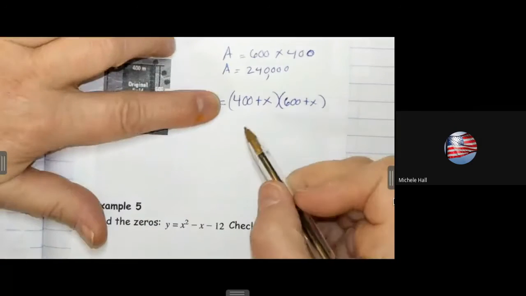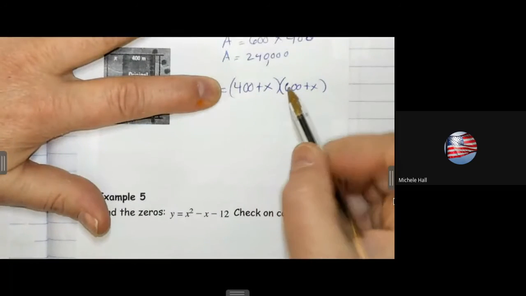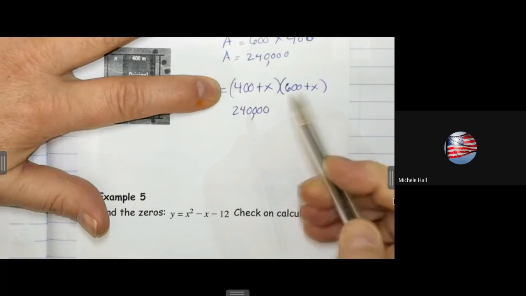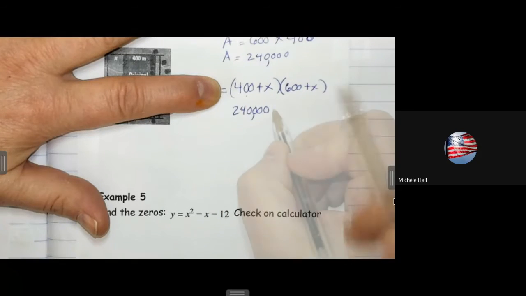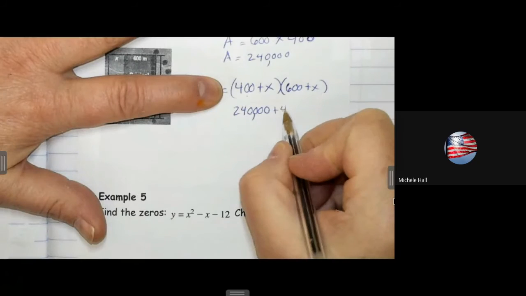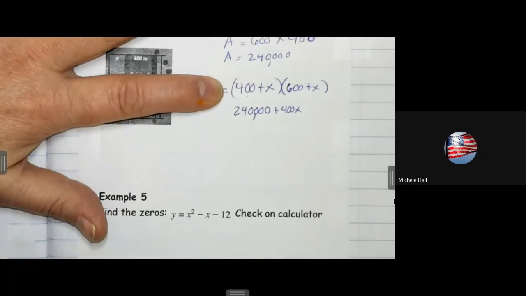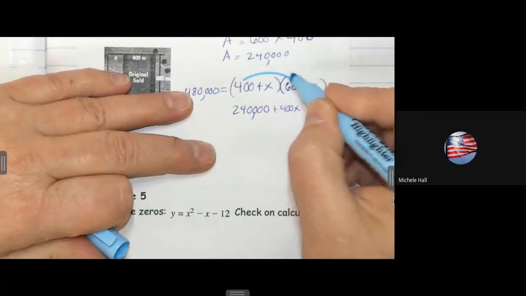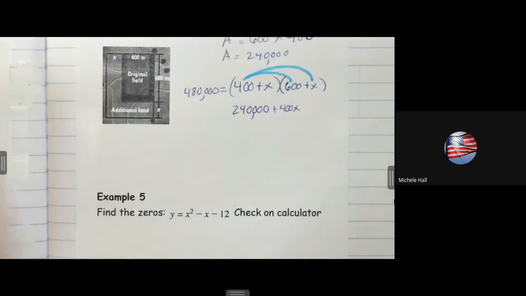So we start with multiplying 400 times 600, 24 with 4 zeros, and then 400 times x, which is 400x.